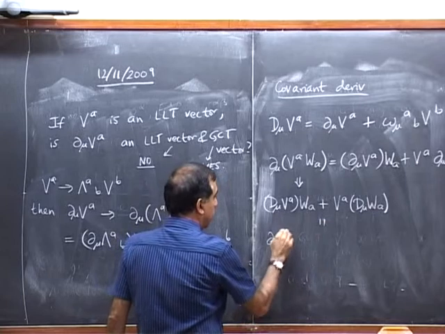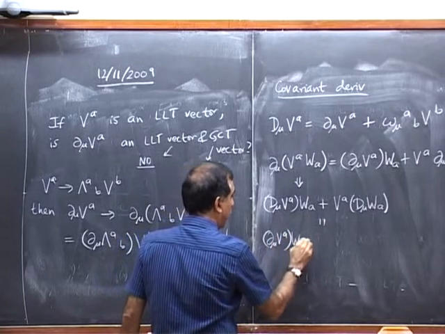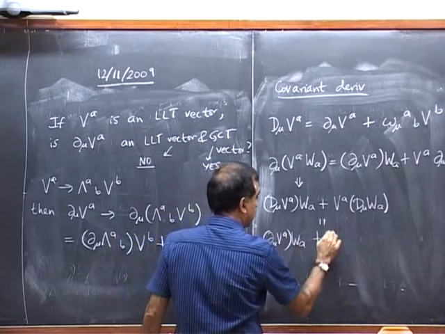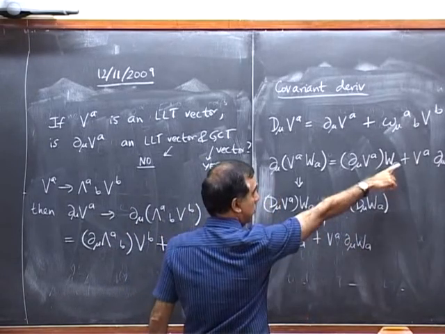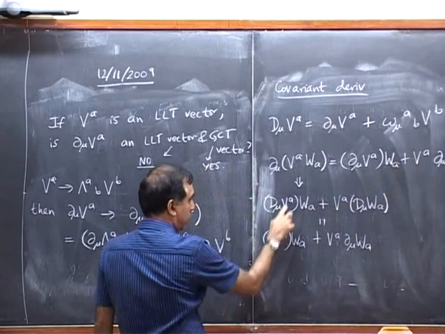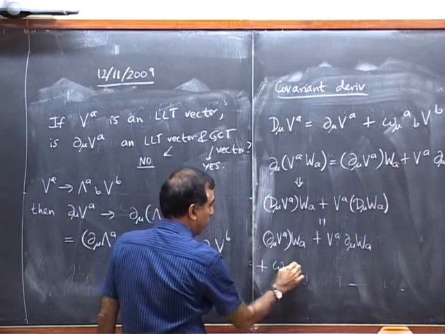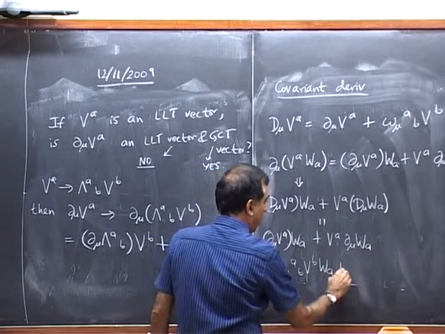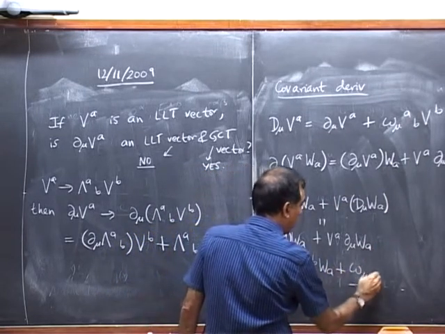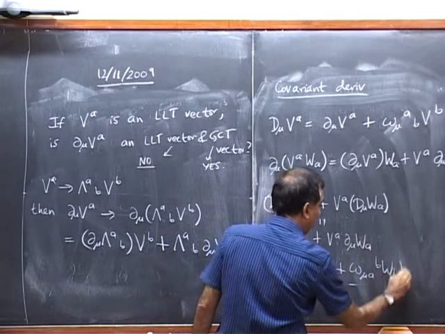First of all, we get d mu VA WA from here plus VA d mu WA from here. These two terms match those two terms. The extra terms are the omega terms. Omega mu A B VB WA, and here we get omega mu A B WB.